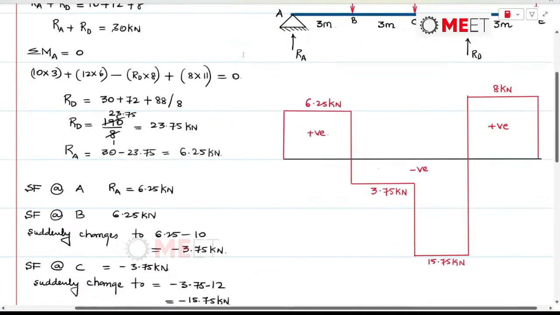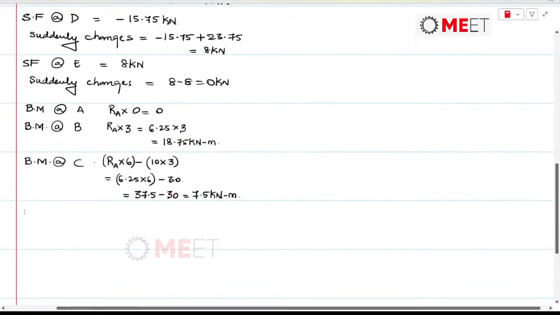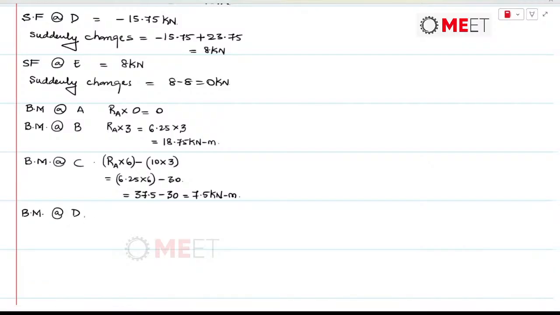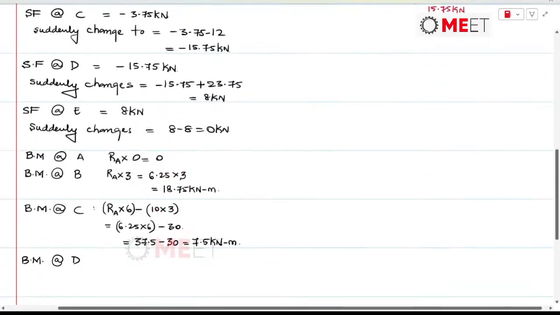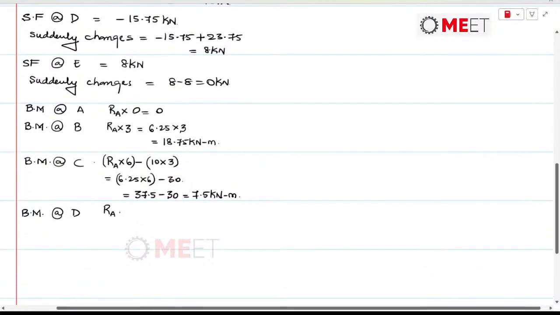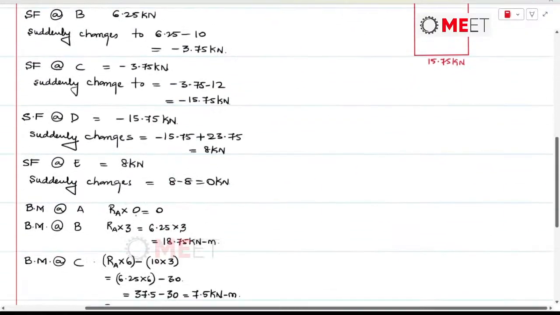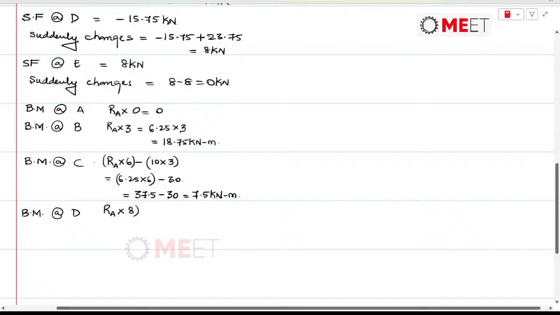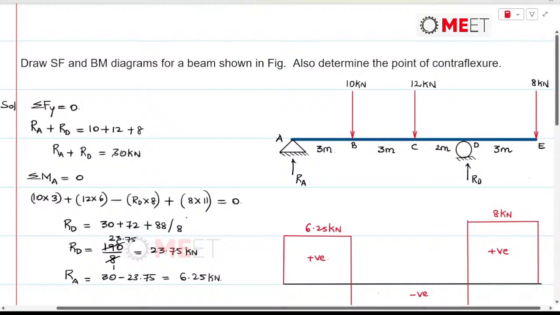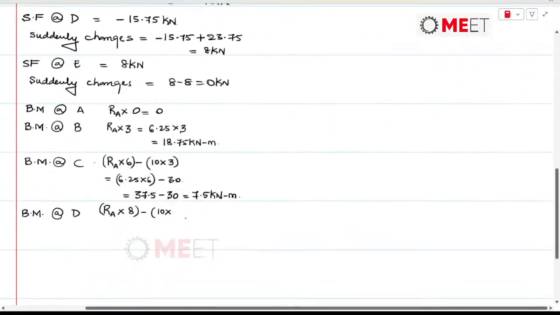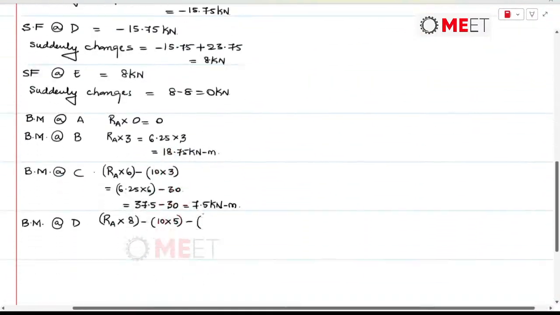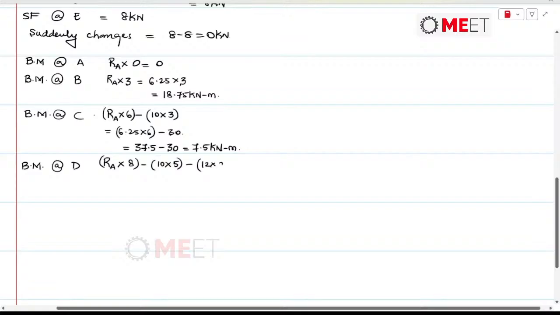Next is bending moment at D. Bending moment at D will be RA into the perpendicular distance up till D, which is 8 meters, minus 10 into the perpendicular distance for the 10 kilonewton load, which is 3 plus 2, that's 5, minus 12 kilonewton, whose perpendicular distance is 2 meters.